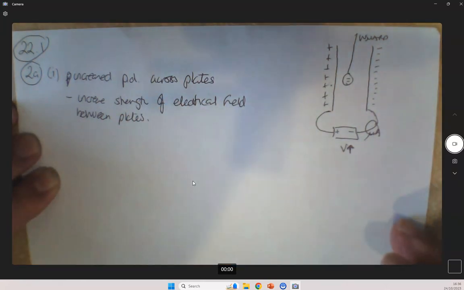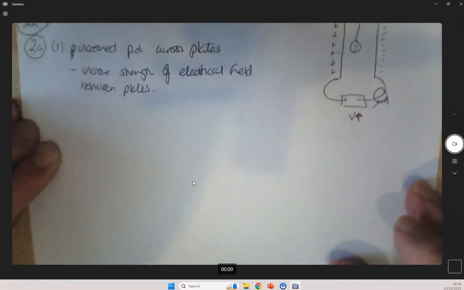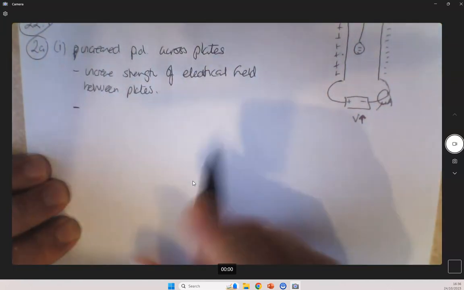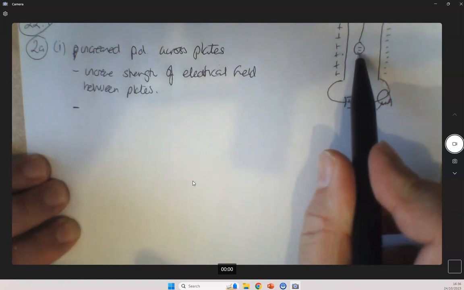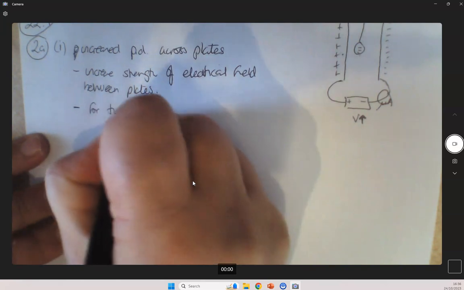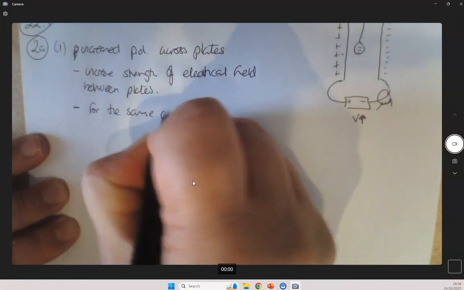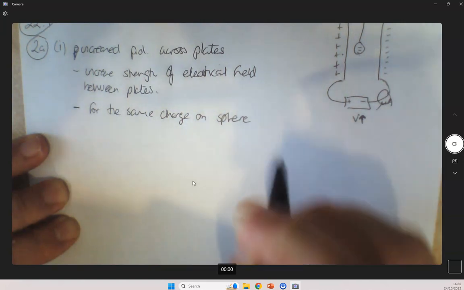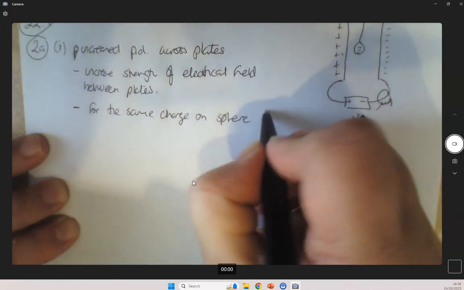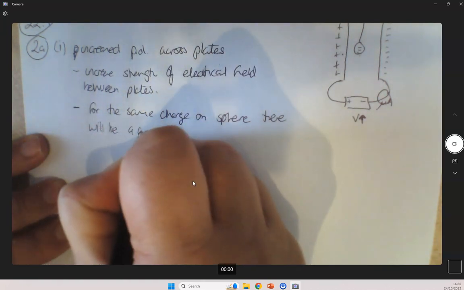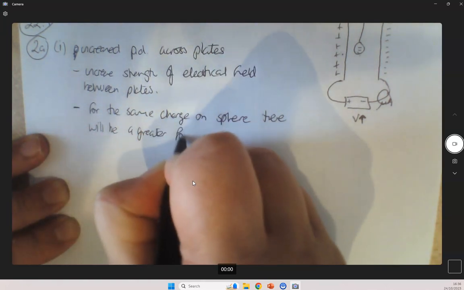Now, if we think about what that actually means, for the same charge on the sphere, there will be a greater force on the sphere.